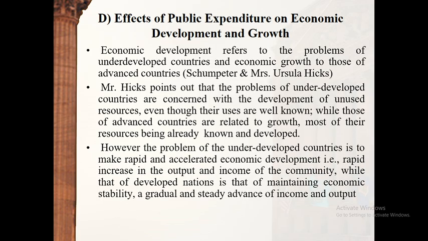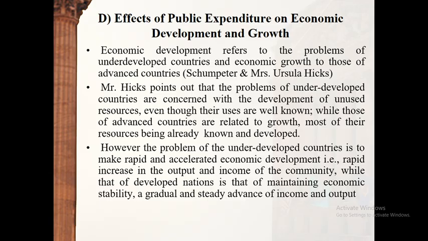However, the problem of underdeveloped countries is to make rapid and accelerated economic development, that is, a rapid increase in output and income of the community, while for developed nations it is maintaining economic stability and gradual and steady advancement of income and output. So both kinds of countries are facing problems at different levels.